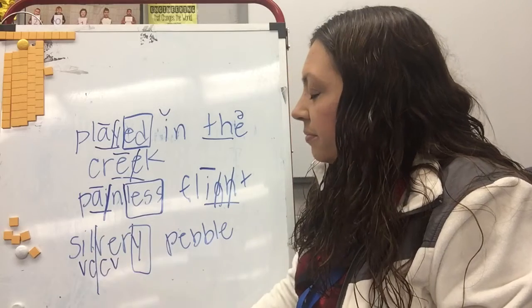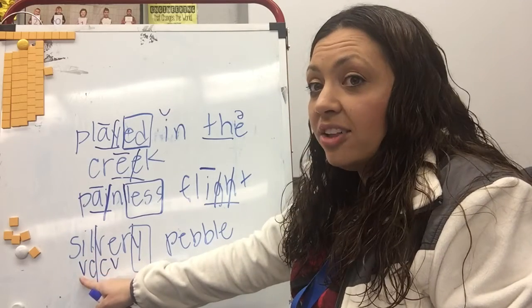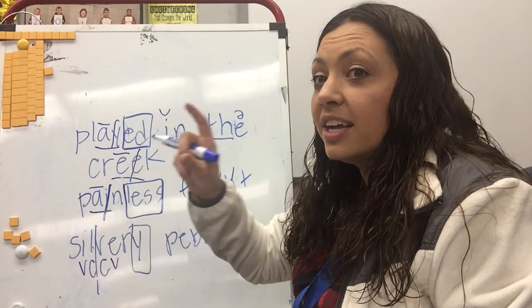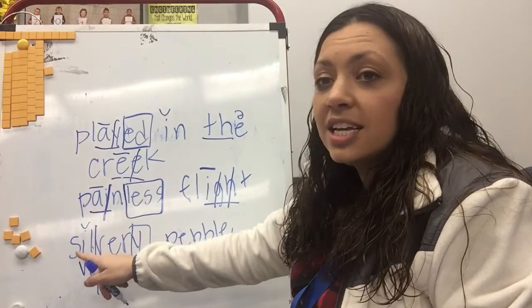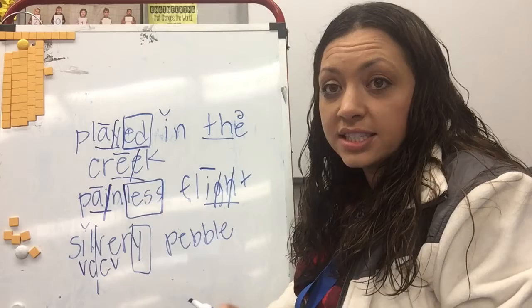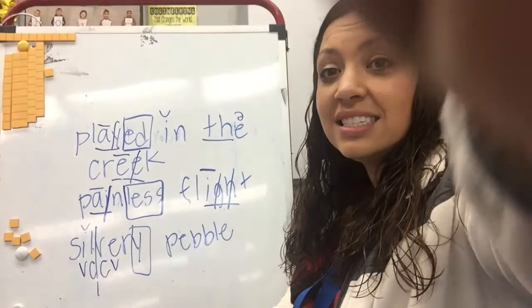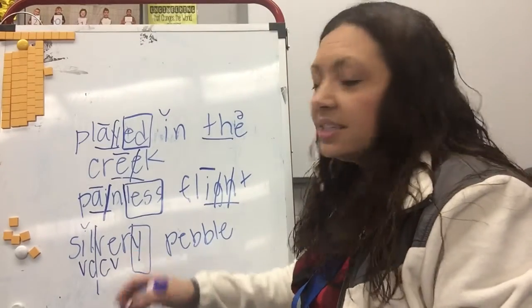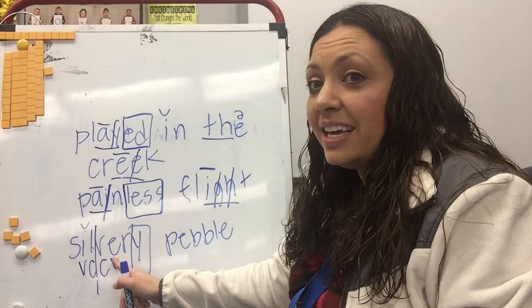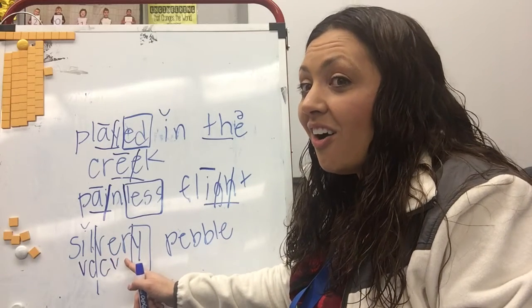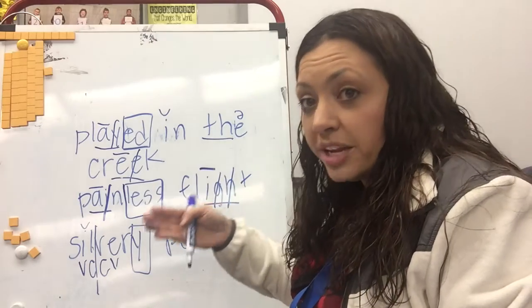So break it apart. So now my vowel is in front of my consonant, so it's going to be closed and it's going to be short. So ill. So my first syllable is sil. Sil. Very good. All right, let's look at my next syllable. My vowel is E, but it's in front of the consonant R. So we know that's that combination ER.